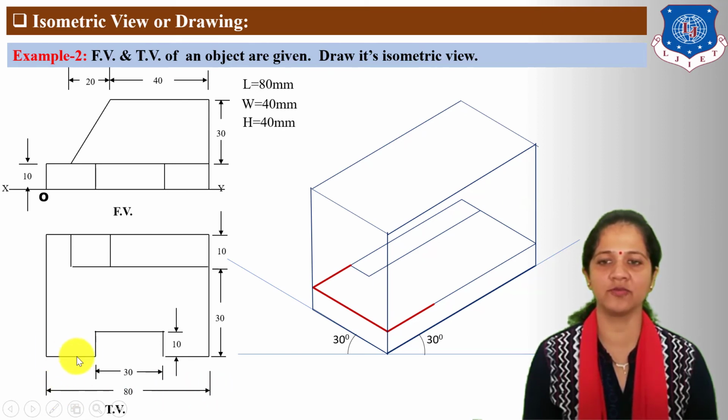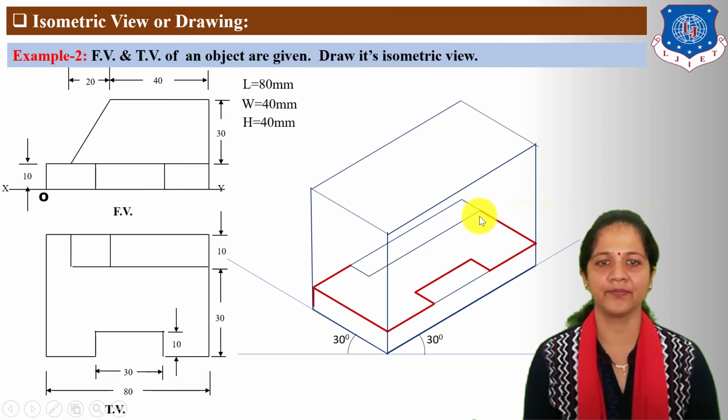So the length of this two portion is 25 mm. So draw 25 mm length line, then 10 mm width line. Next draw 30 mm length line, 10 mm width line. Again draw 25 mm length line and 30 mm width line.